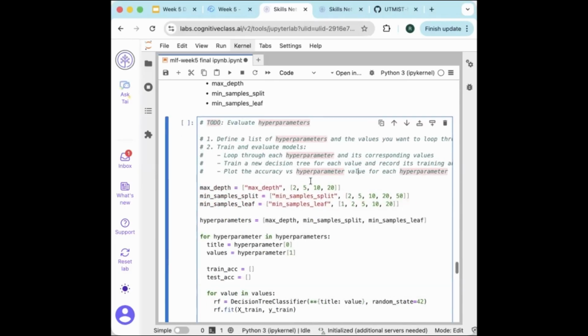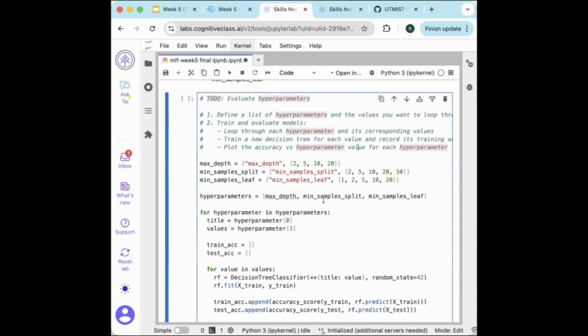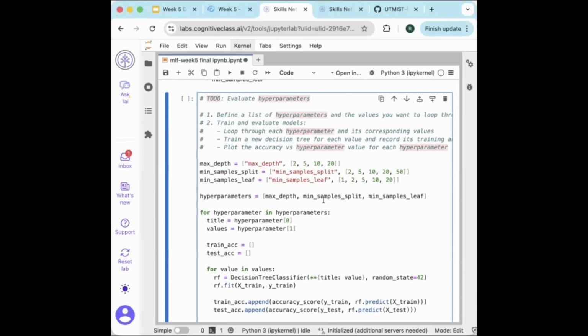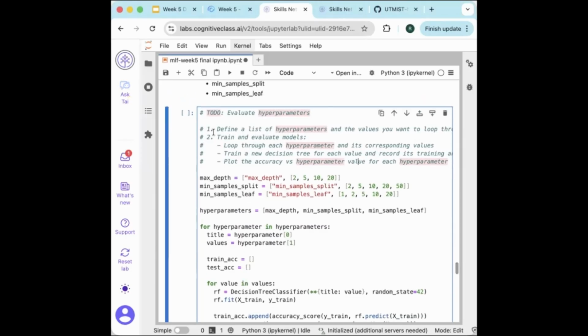For example, max depth 2 to 20, and different values for min sample split. We loop through each hyperparameter and its corresponding value. Within the first for loop, we train a new decision tree for each value and record its training and test accuracy. Then we plot accuracy against hyperparameter value for each hyperparameter and see how they impact each other.